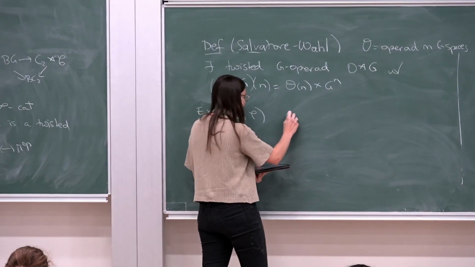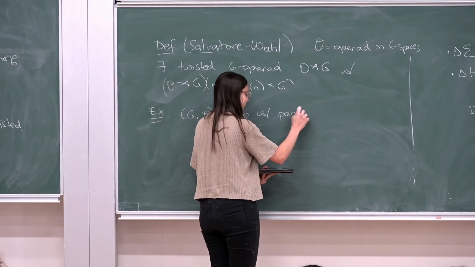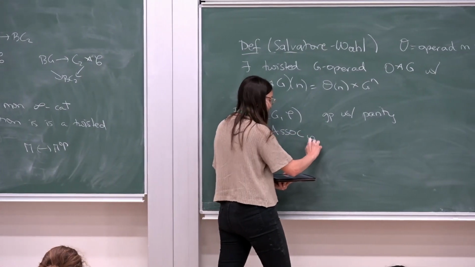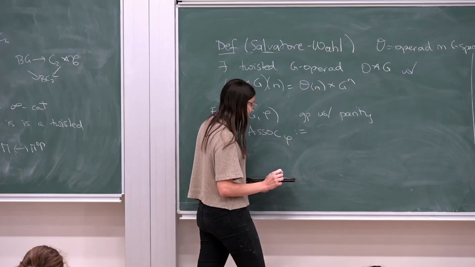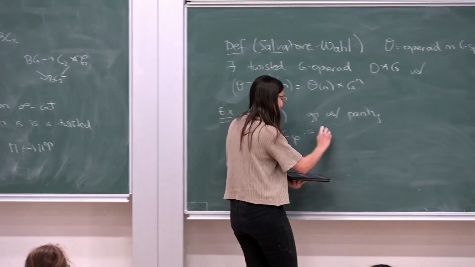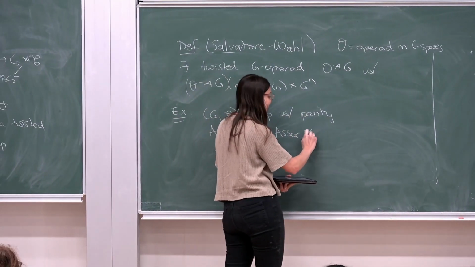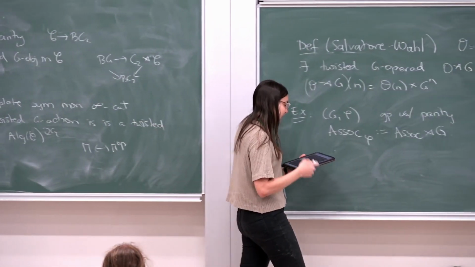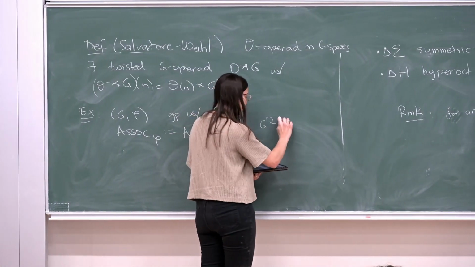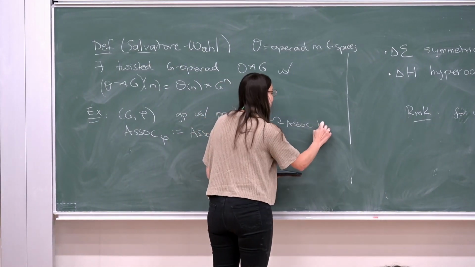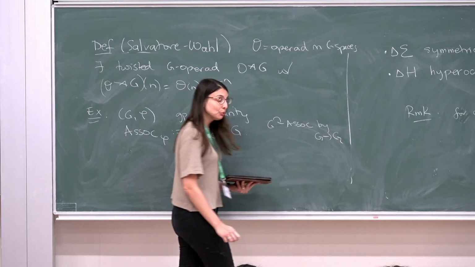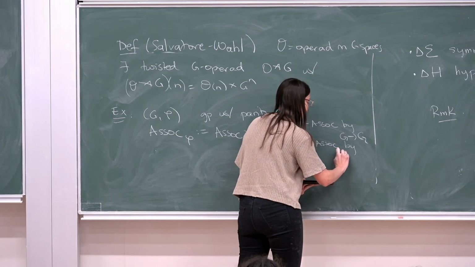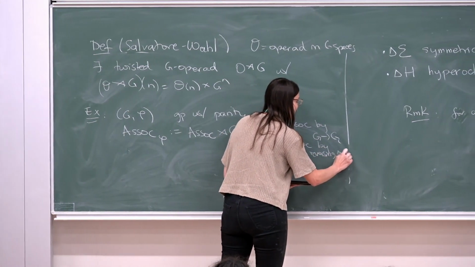So if you take a group with parity, then I'm going to make a definition of assoc phi to be a particular case of their construction, assoc semi-direct product G. And so G acts on assoc by the map from G to C2, and C2 acts on assoc by reversing orders.